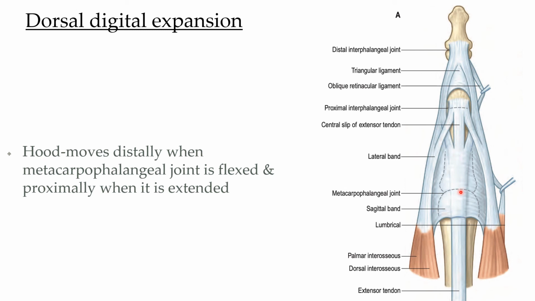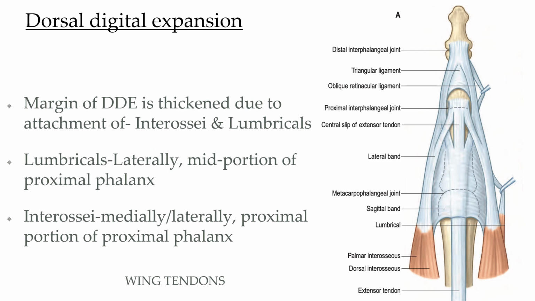Dorsal digital expansion forms a hood around the metacarpophalangeal joint, and this hood is a movable hood such that when the metacarpophalangeal joint is flexed, this hood moves distally, and when the metacarpophalangeal joint is extended, the hood moves proximally.